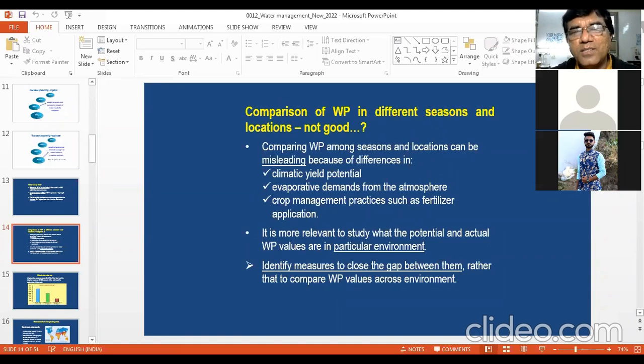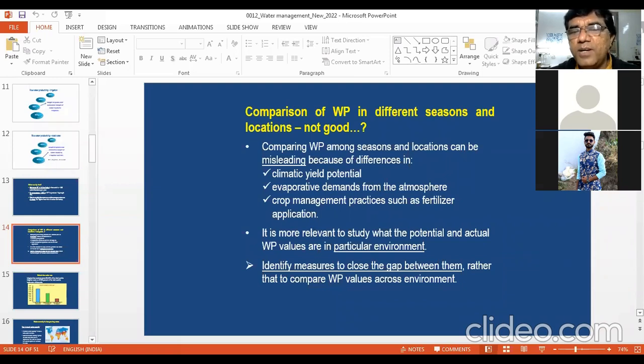If you reduce the water supply, then normally water productivity increases. So comparing water productivity among seasons and also locations can be misleading because of differences in climatic yield potential and evaporative demands from the atmosphere. Under two locations or two seasons, you can have different evaporative demands. You can have changes in crop management practices also.